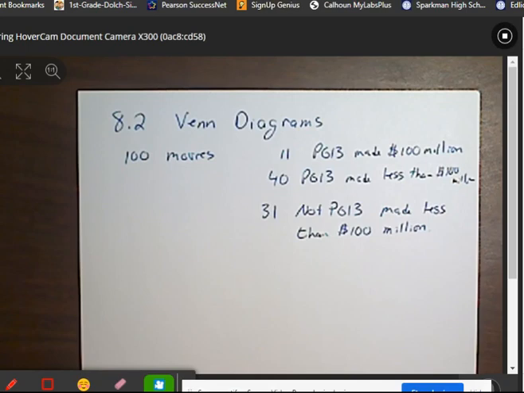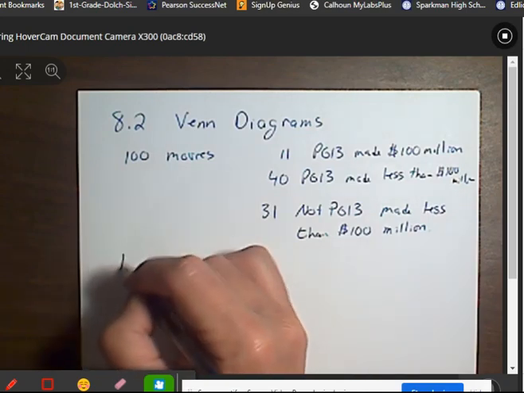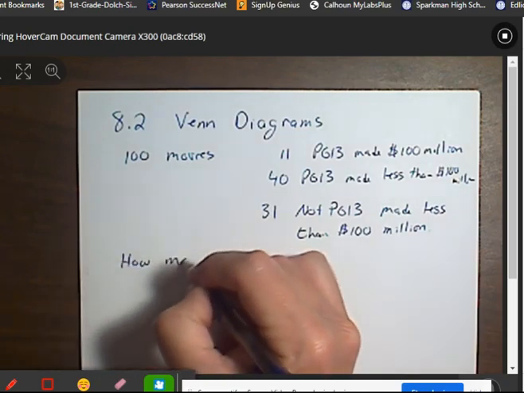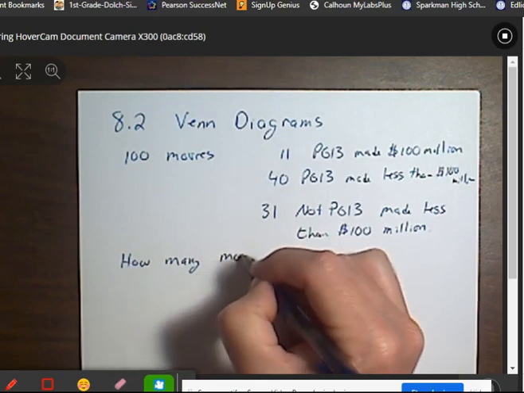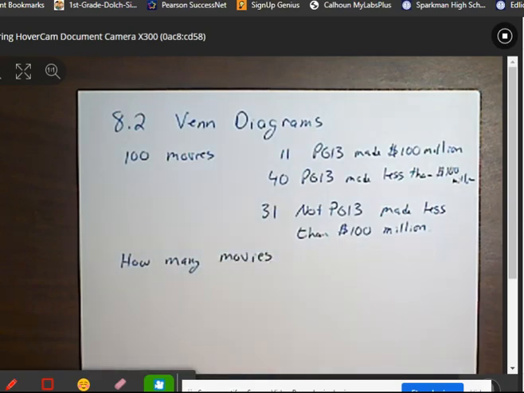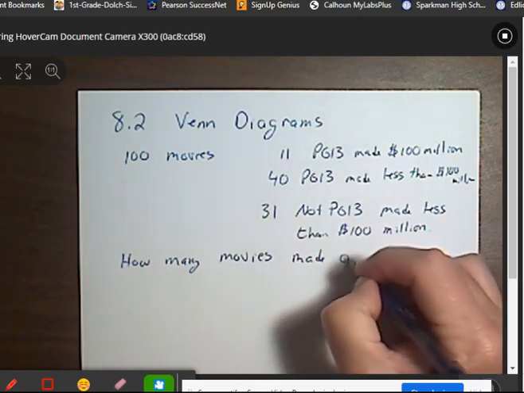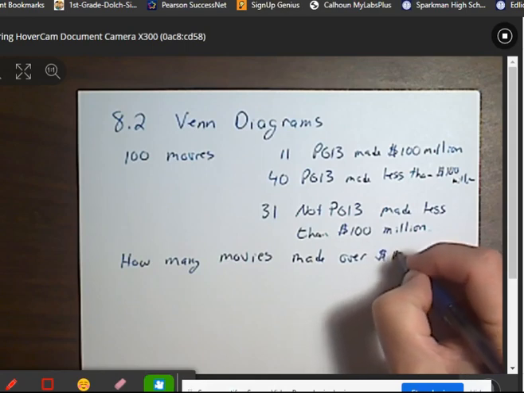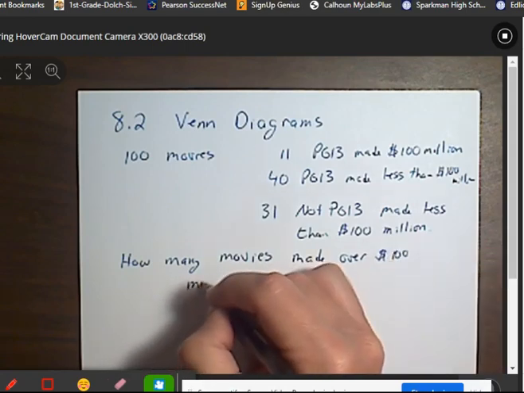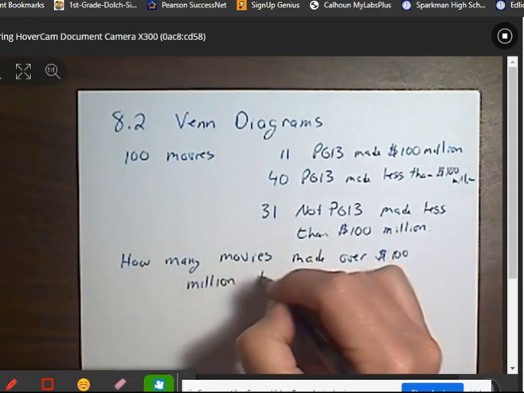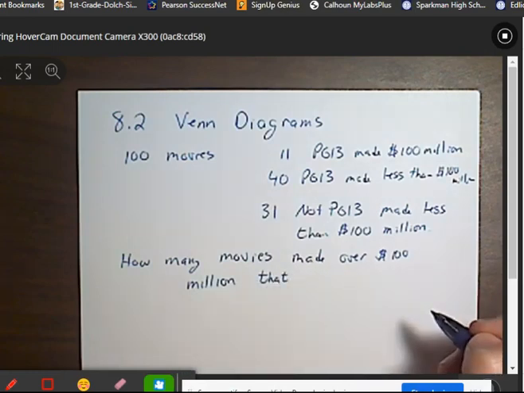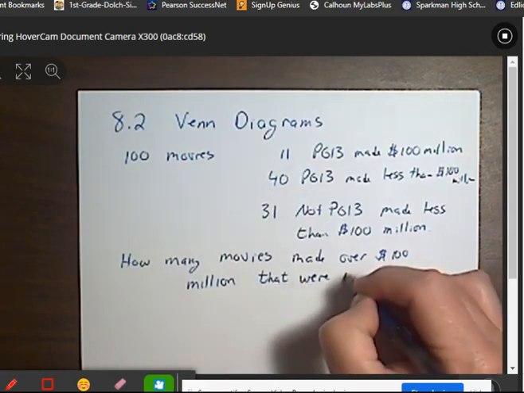And then the question was, what was the number of movies that made over 100 million that were not PG-13?